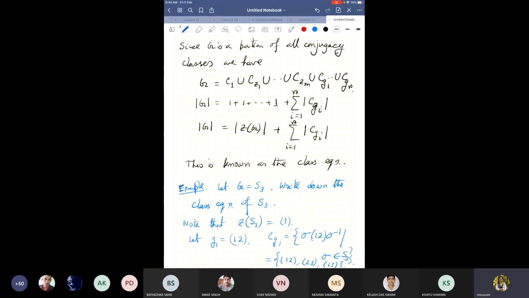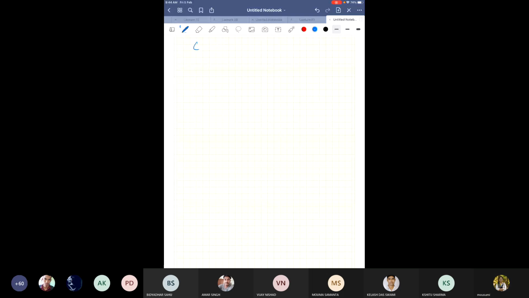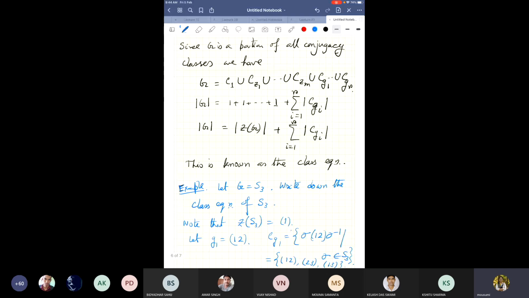Now what will be the conjugacy class of (2 3)? Ma'am, how do we find this in very little time? I will explain it once again, but what I told you in one of the exercises, the first question of tutorial 2, how to write this expression.